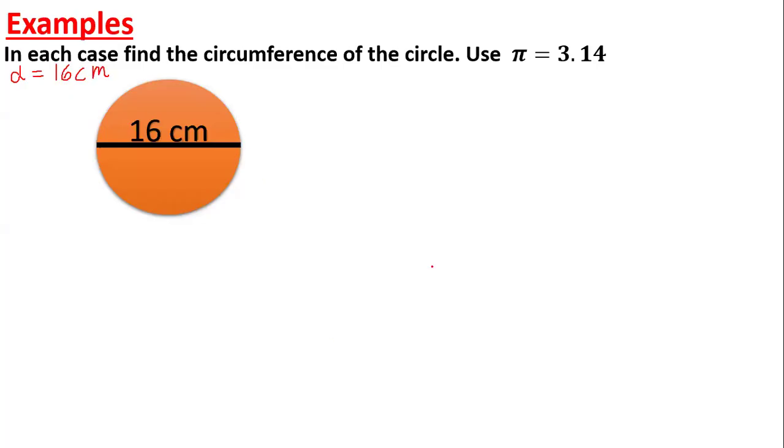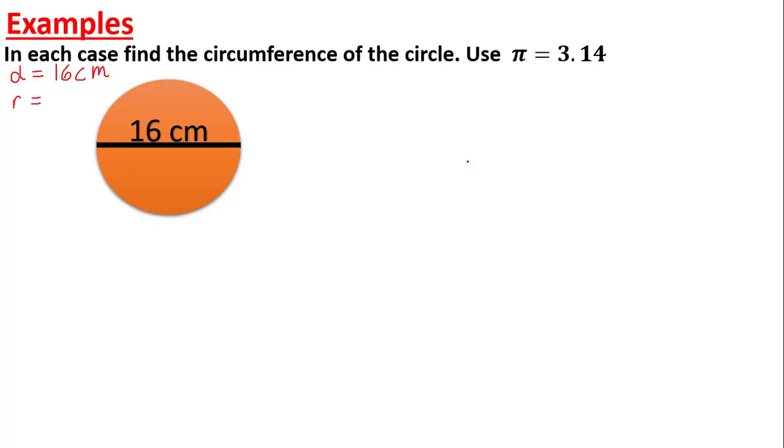Mr. Petit, we wouldn't use radius? We would use radius, but I'm just making a note of what the diameter is. So we know that the diameter is 16. How can we get the radius, class? Divide 16 by 2. Very good.